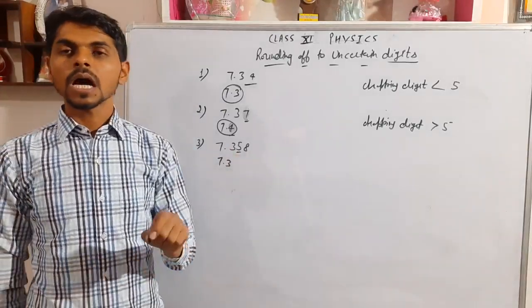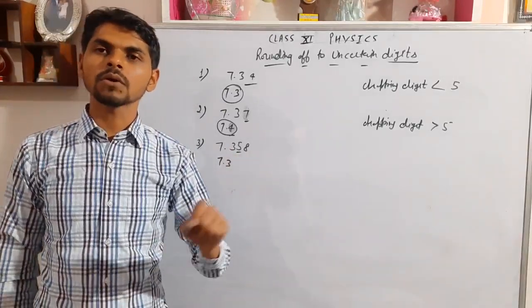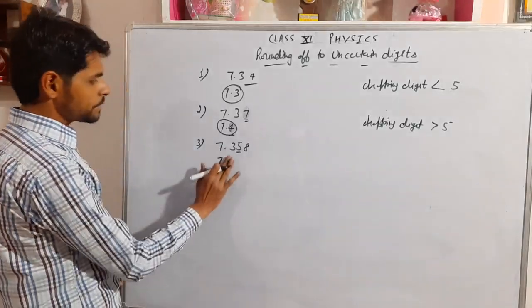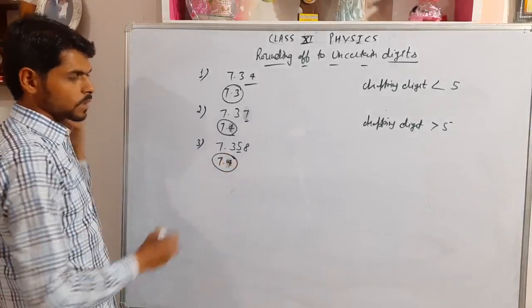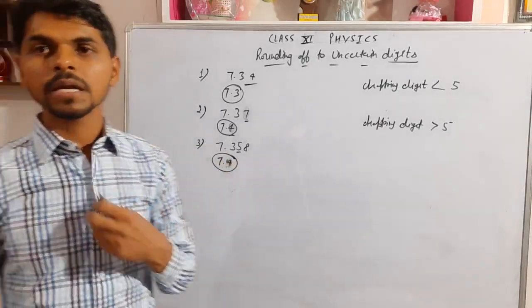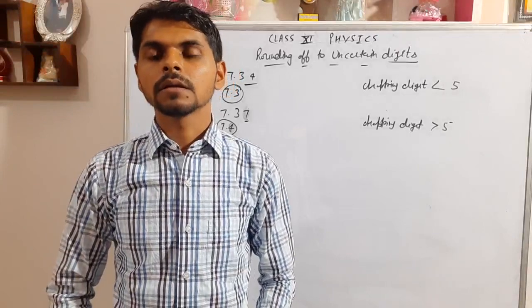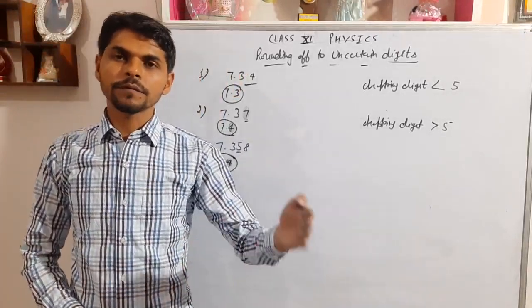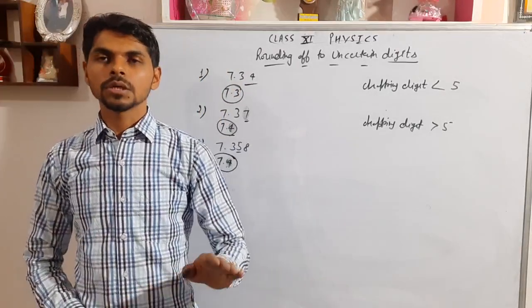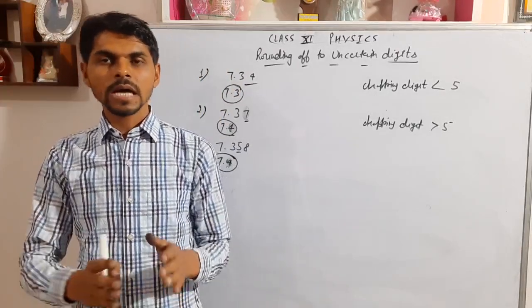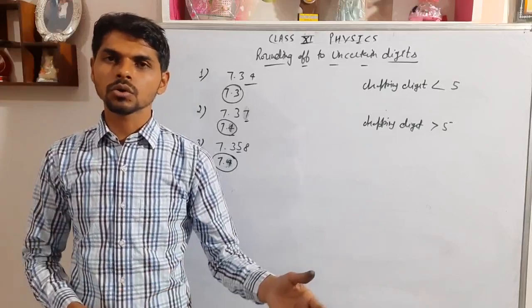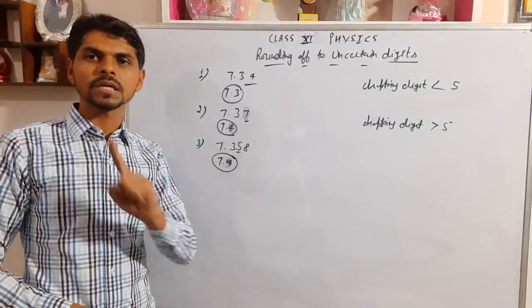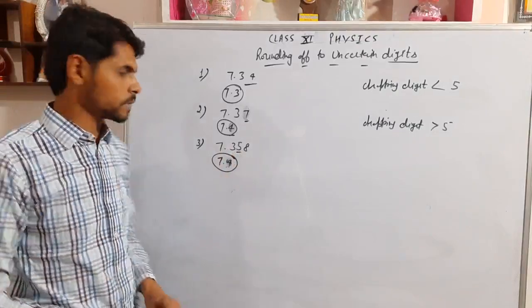If there is any digit other than 0, that is, a non-zero digit, then the digit before the dropping digit is raised by 1. Now the answer is 7.4.